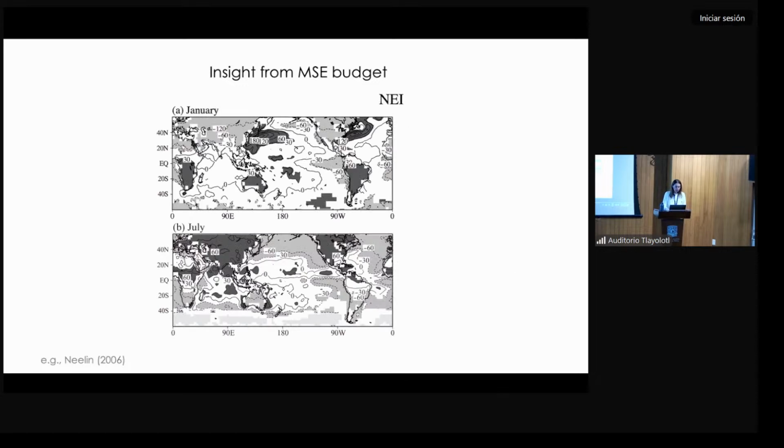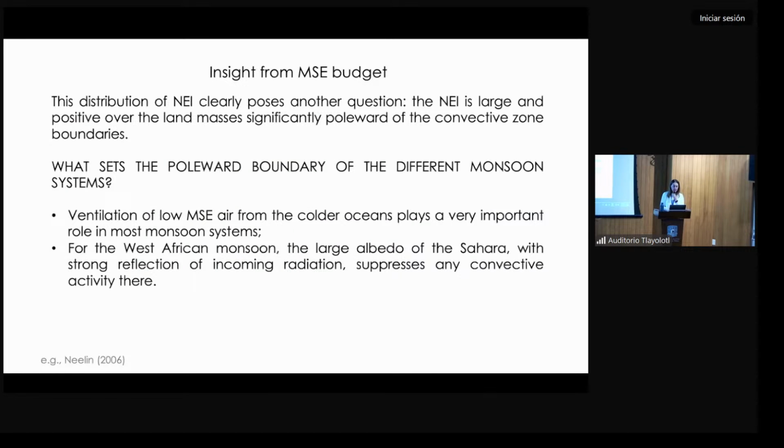That said, we revisited the role of the land-sea contrast from the perspective of the moist static energy budget, but this distribution clearly poses another question. The net energy input is large and positive over the land masses, significantly poleward of the convective zone boundaries. So why don't we have monsoonal precipitation that extends all the way to the pole following the net energy input?